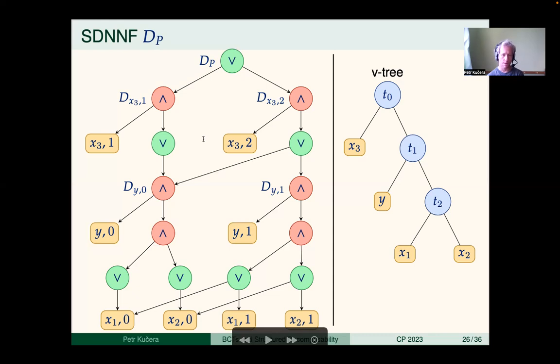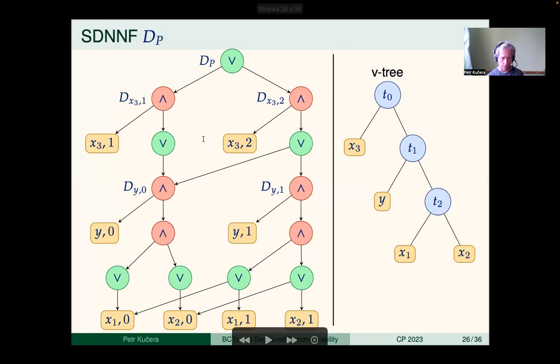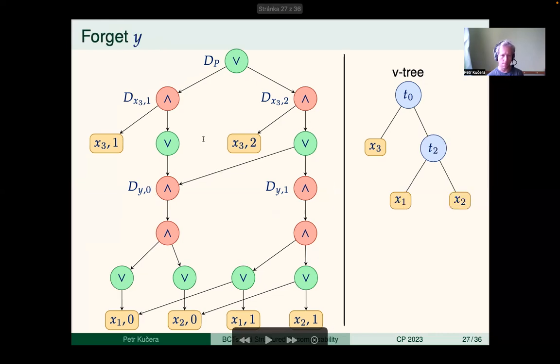So we have to forget y, which means simply removing y. In general, in a DNNF, forgetting means satisfying all the leaves that represent the literals on a given variable. So in this case, it would be setting y2, y0 and y1 to true. But because they are inputs to a conjunction, it's the same as just removing them.